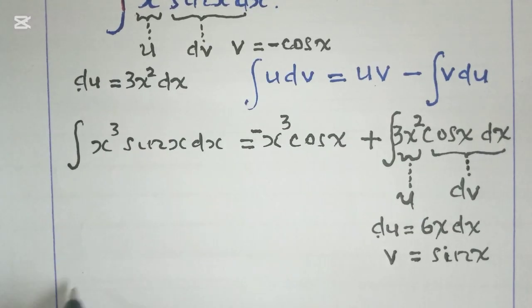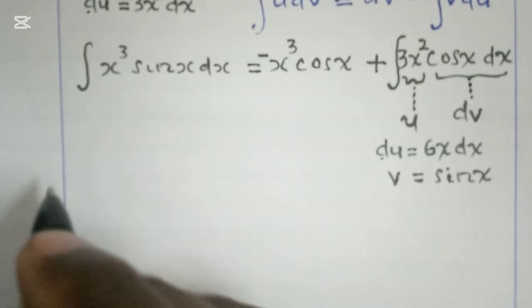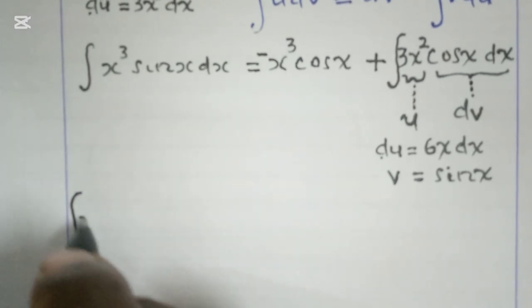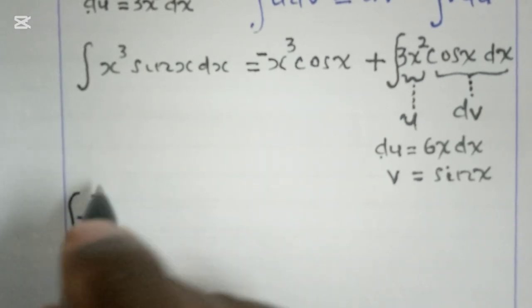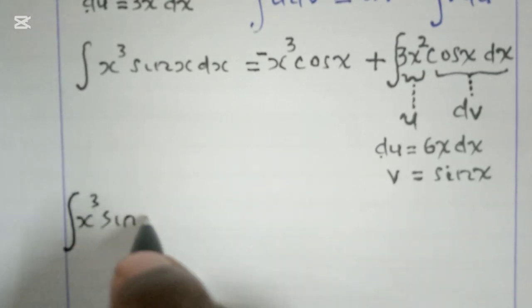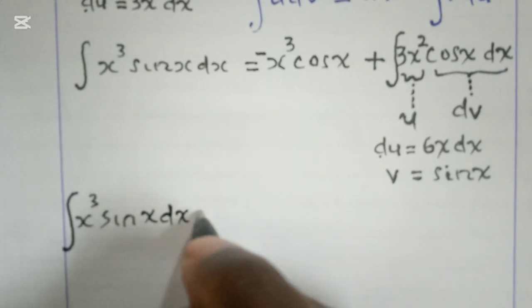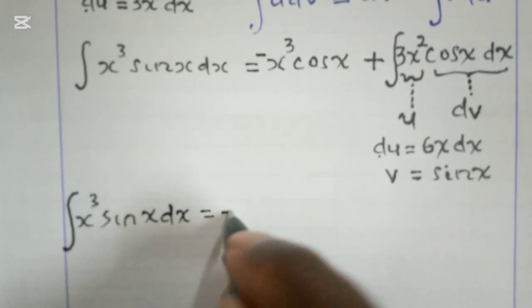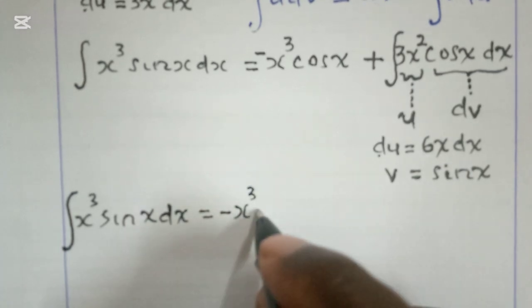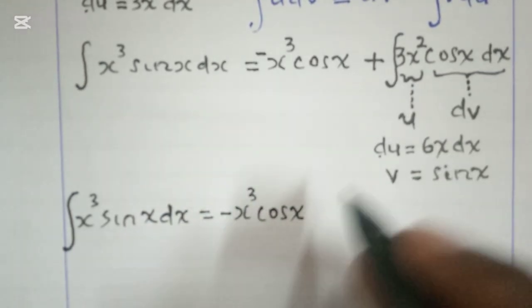So guys, I will write my equation again here. Let me just write the whole of it. I continue to carry it forward. The integral of x cubed sine x dx is now equal to minus x cubed cos x plus.